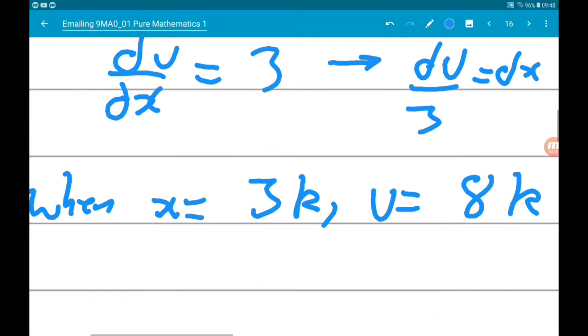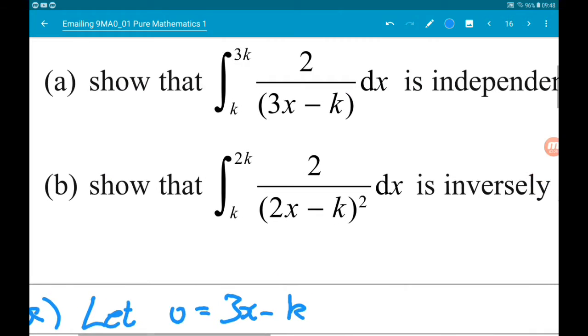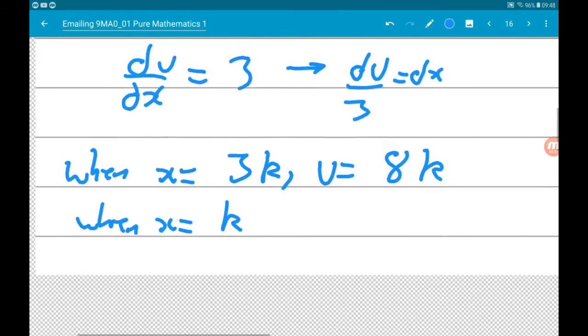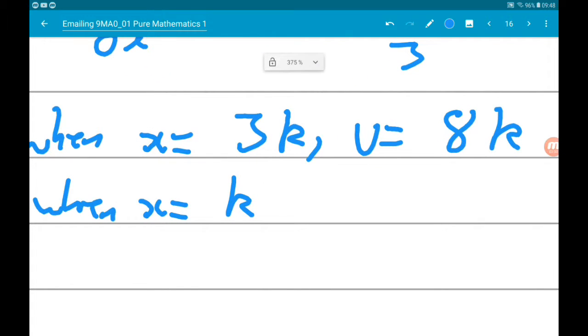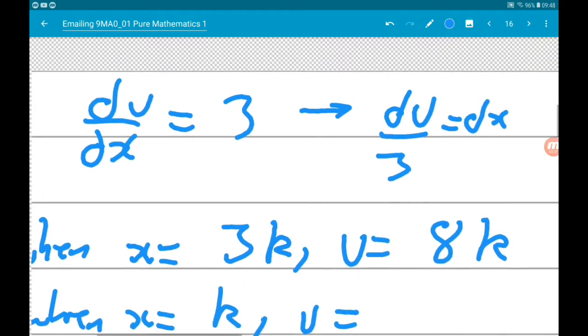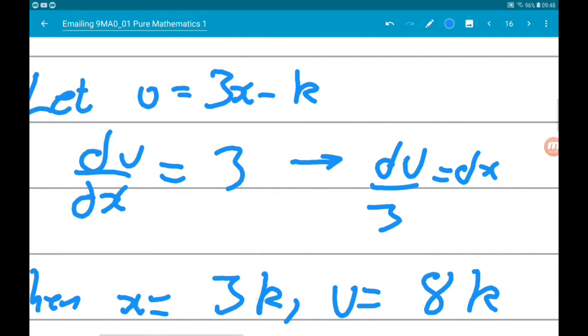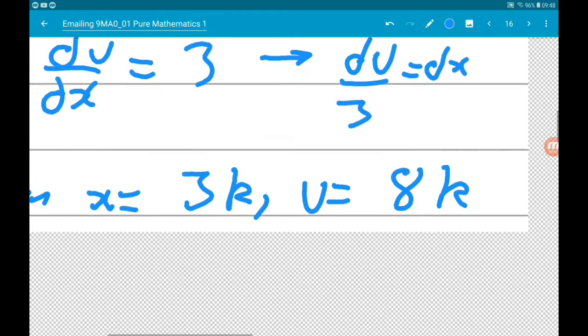And when x is k, which was our bottom limit, u is going to be 3k minus k, which is 2k.